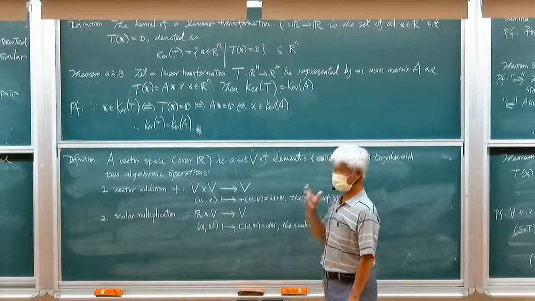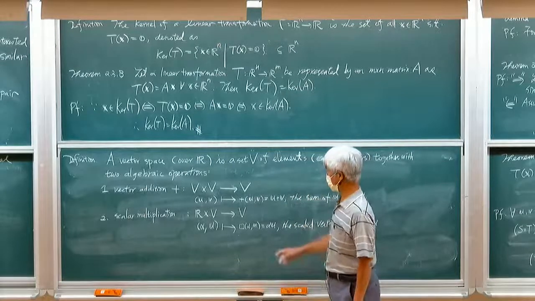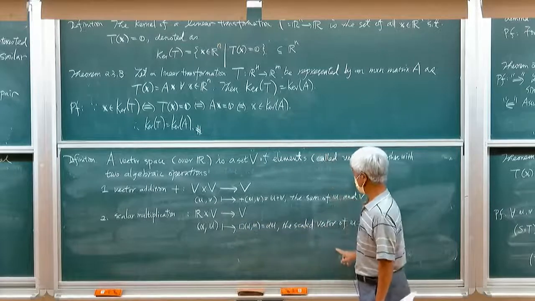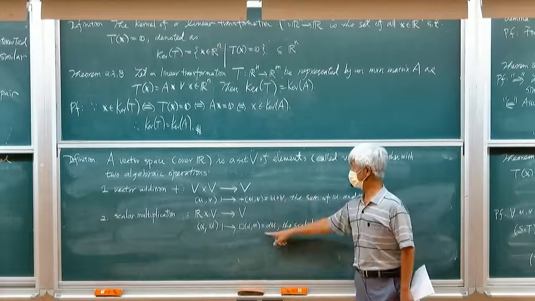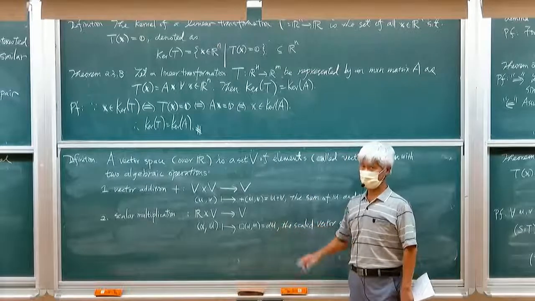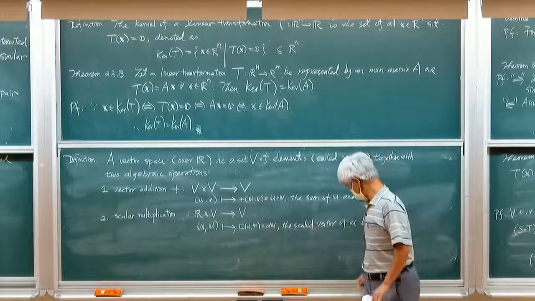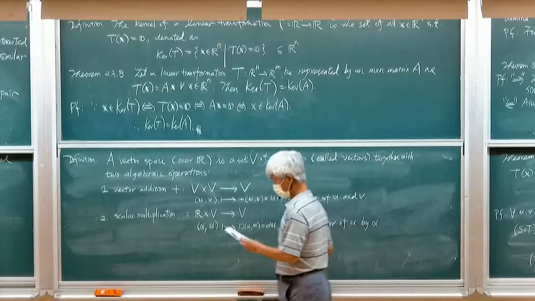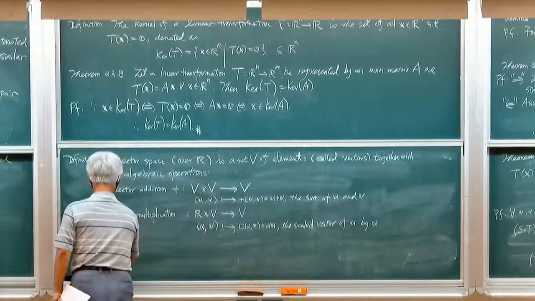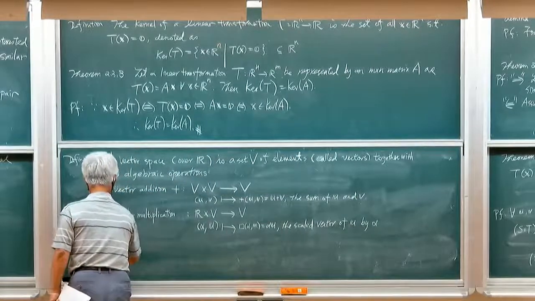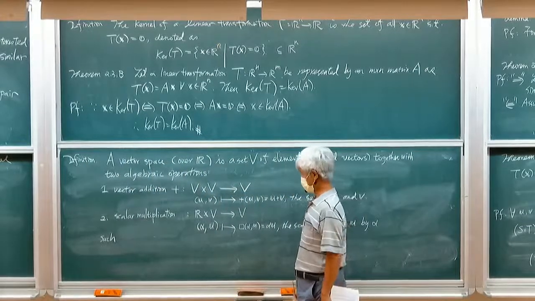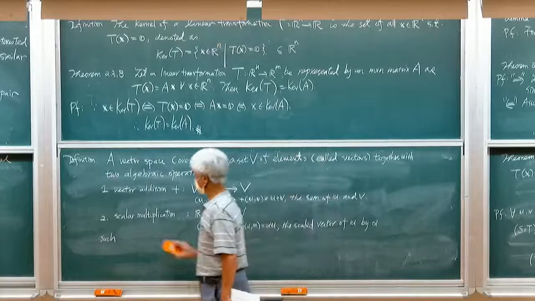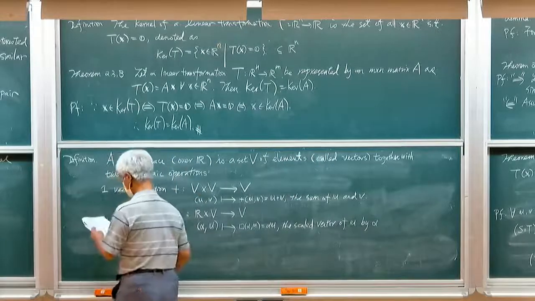And also somehow you have to be able to define the so-called scalar multiplication, so that you can scale any vector in V to obtain a new vector in V. You call it alpha U. All right? But not arbitrary vector addition and scalar multiplication will work. There are some rules to be followed.